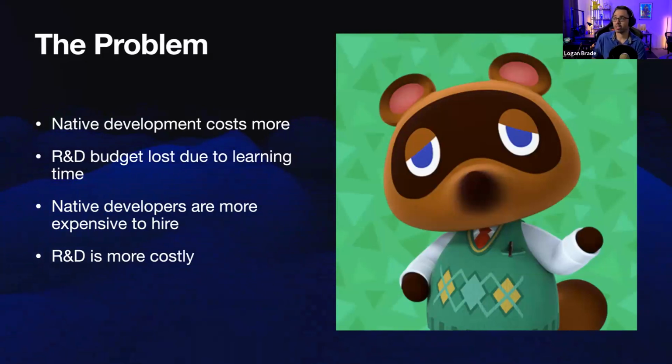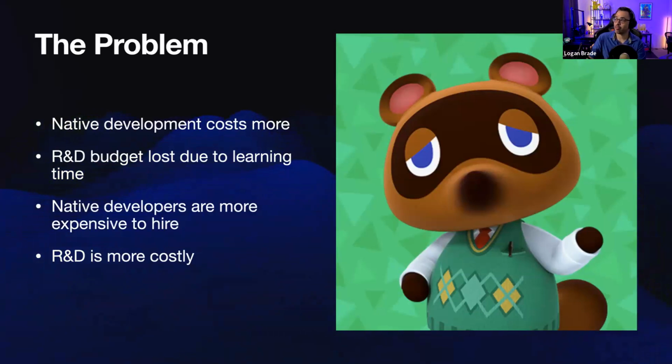Native developers are more expensive to hire. When I was going through this, mind you, it was probably around 2017, so costs have changed a lot. Things have gotten more expensive. But at the time, we could hire a web developer for somewhere between $80 and $90 an hour in my area. I'm in Phoenix, Arizona, so it's a little cheaper than some of the tech cities.